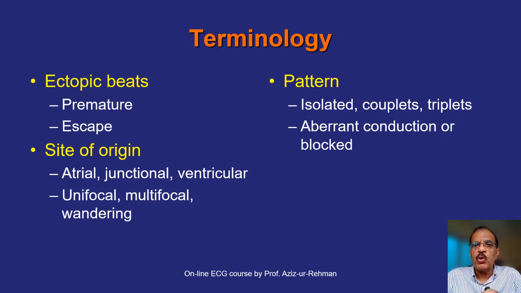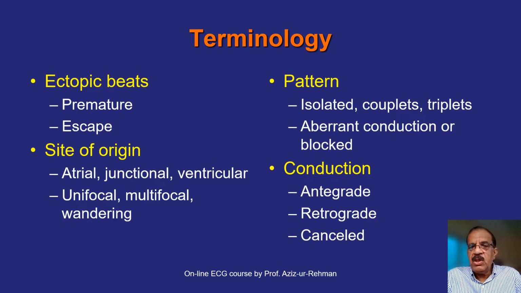So it might not show ventricular component of depolarization. Or it may be conducted as right bundle branch block pattern, sometimes left bundle branch block pattern. That means AV node has recovered, but one of the conduction branches, mostly right bundle, has not yet recovered from the refractoriness. So the atrial depolarization will pass on to the ventricles, but in a fashion of bundle branch block. So that is aberrant conduction.